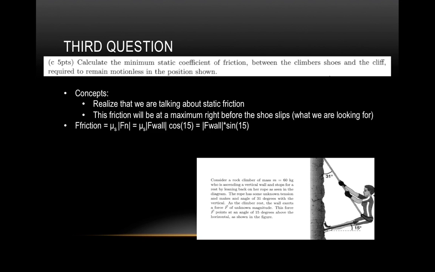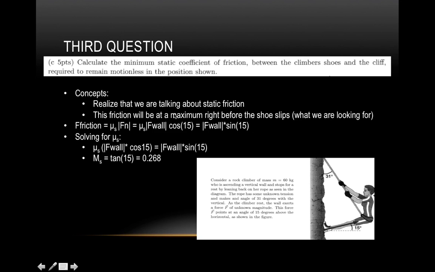So in order to solve for mu of static friction, we set these last two formulas equal to each other. We have mu of static friction times the magnitude of the wall force times cosine 15 is equal to the magnitude of the wall force times sine 15.